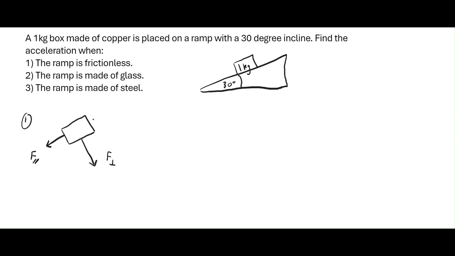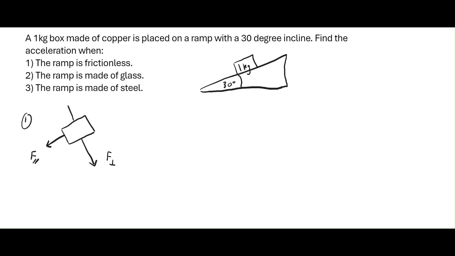Now, the ramp also pushes back, so the box isn't going to be going into the ramp or floating up off of the ramp. It's going to sit right on that ramp. And that implies there is a sum of zero of the forces that are perpendicular to the ramp.